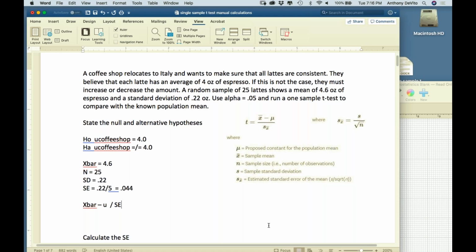Standard error is the variability of repeated samples of the same size. In other words, if I took the weight of everybody in this room, their individual weights would be used to calculate the standard deviation.